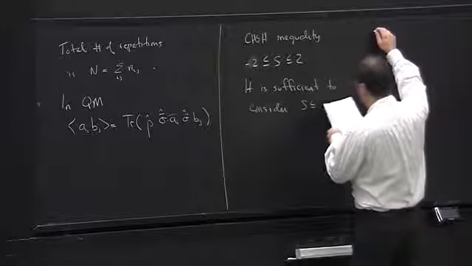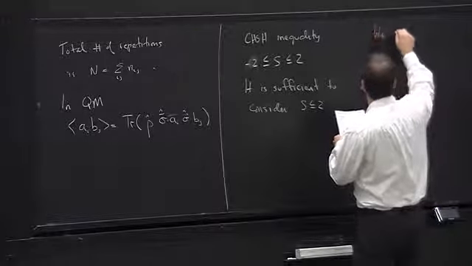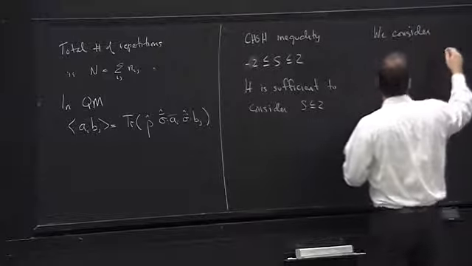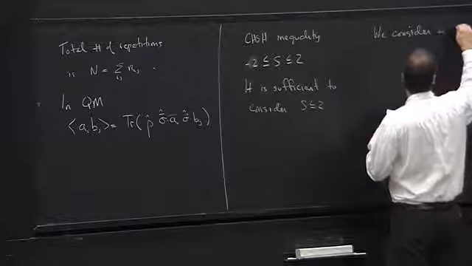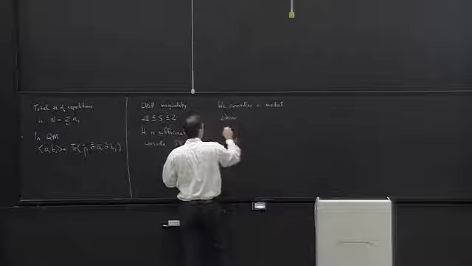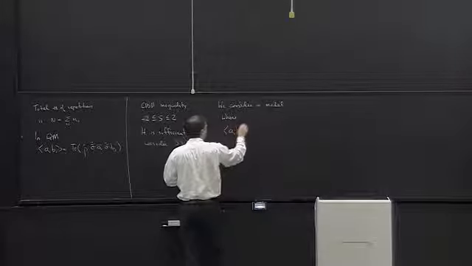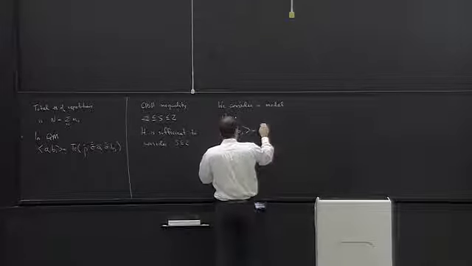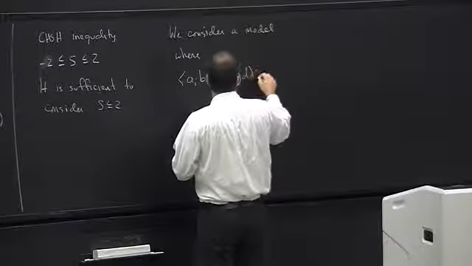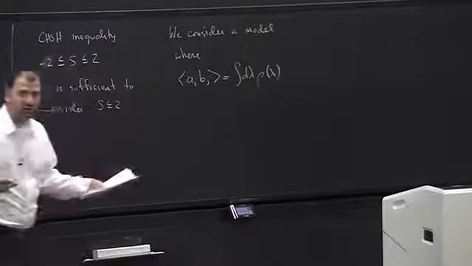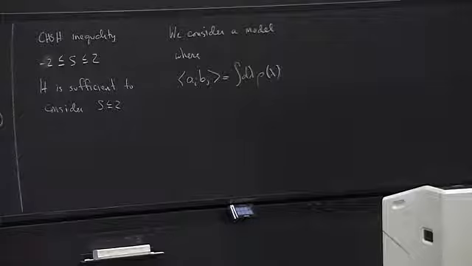So we consider a model where the expectation of A_i B_j is equal to an integral over some variables lambda, which are determining either probabilistically or directly functionally the outcomes.